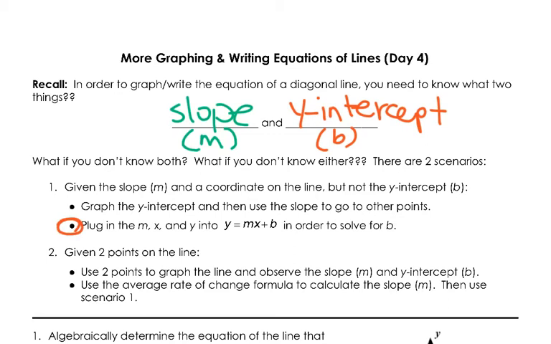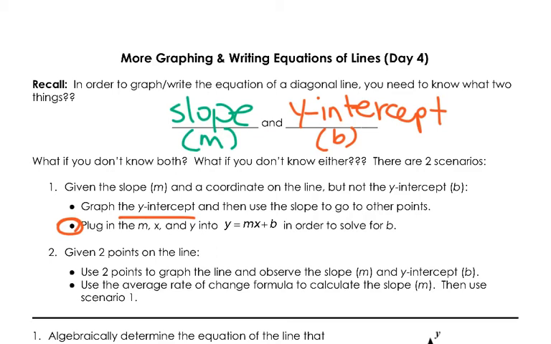That's a way for you to do it. Also, if you get the point, just like we just did in that example for number 2, you could plot the point and then use the slope to go to the other points. And eventually you'll be able to find the y-intercept once you graph it.